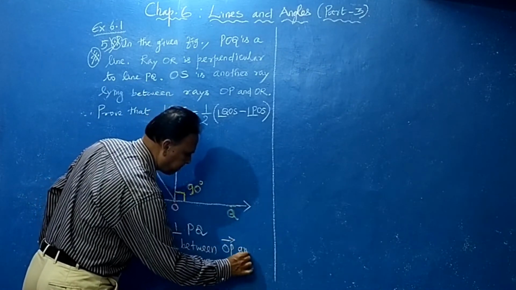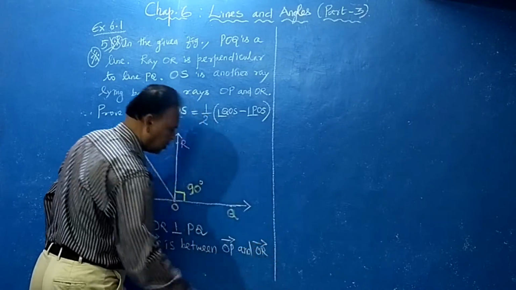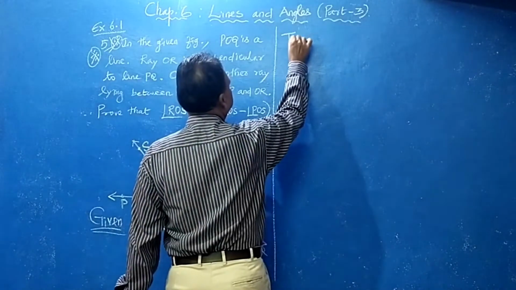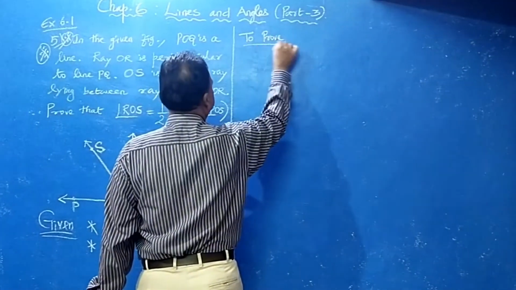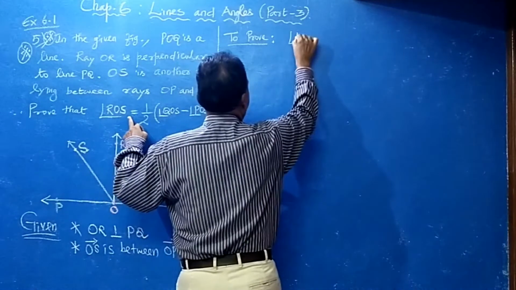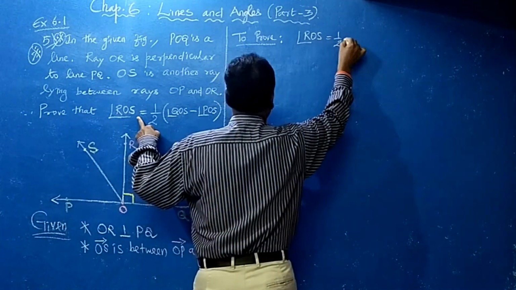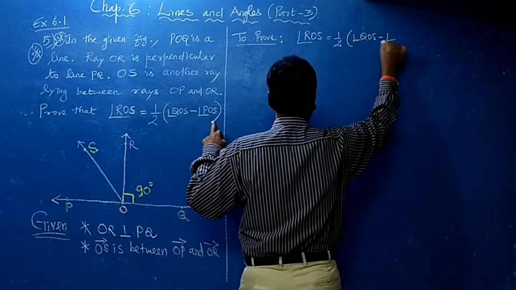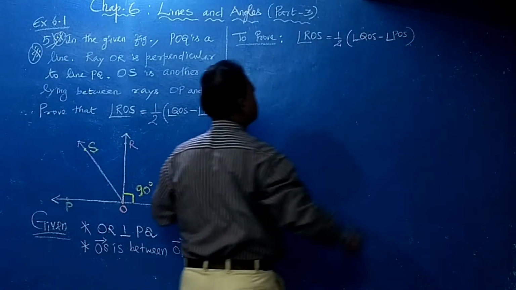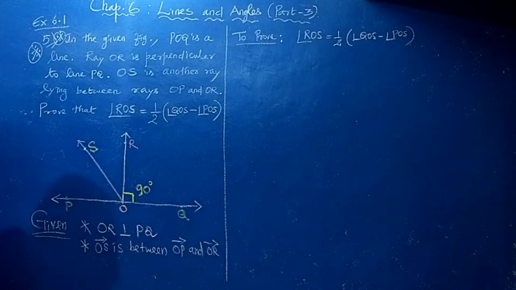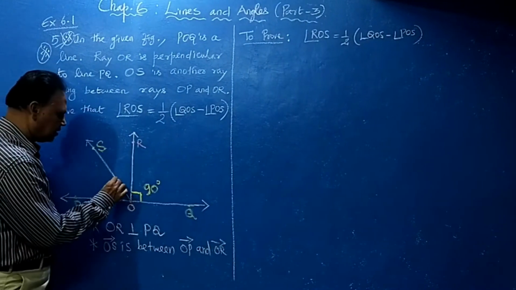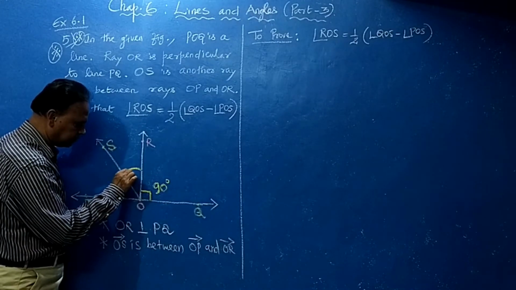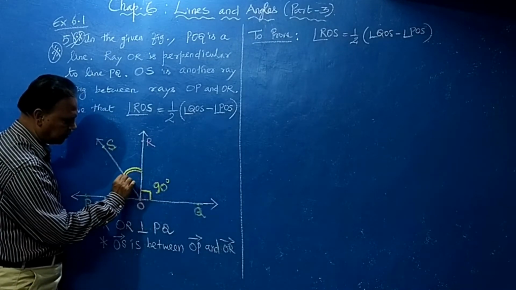To prove, what you have to prove is angle ROS equal to half of angle QOS minus angle POS. So here you have to find out this angle.